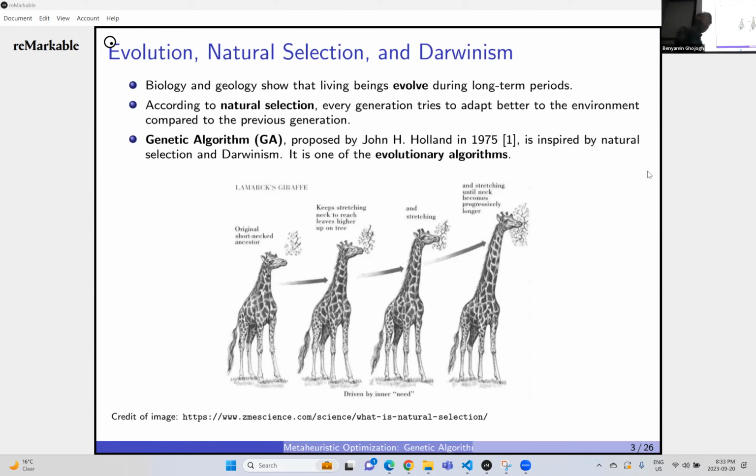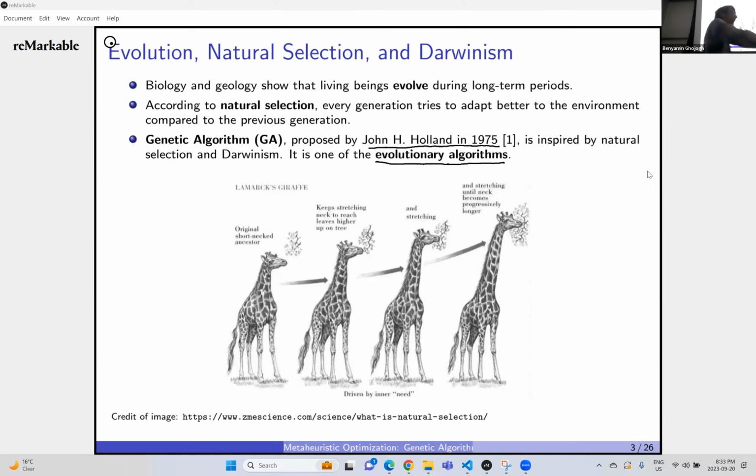The idea of natural selection as a mechanistic optimization is called the genetic algorithm. It was proposed by John H. Holland in 1975. As you see, it's an old algorithm. It is inspired by natural selection and Darwinism. It is one of the evolutionary algorithms.